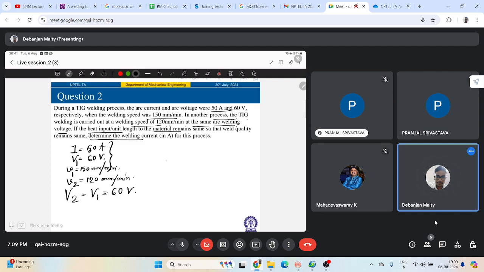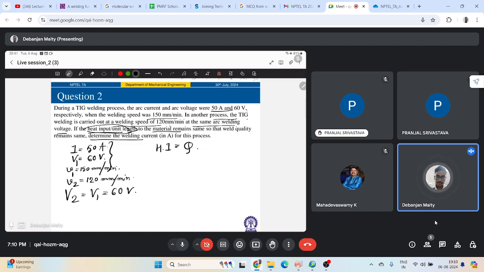So to solve this question, you just need to have some understanding of what heat input per unit length is. So if my heat input is Q, what is the unit of Q?